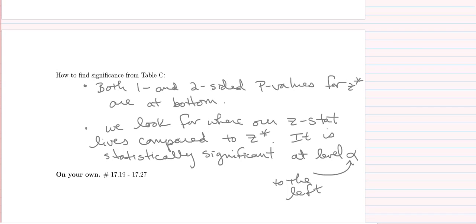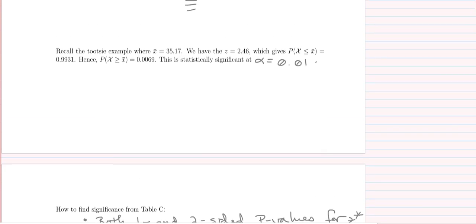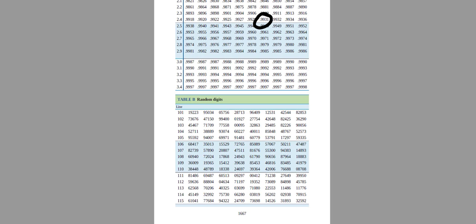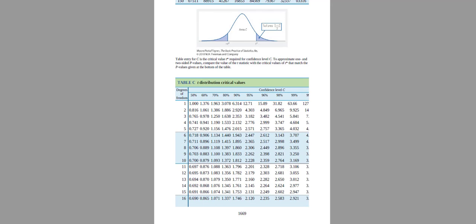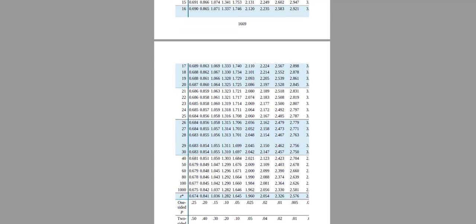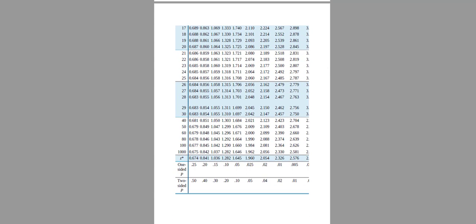Okay, so let's just go back up here. Remember, our p-value is 0.0069. Our z-score is 2.46. So let's go back to table C. Okay, so we're looking at the bottom rows. We're looking for where 2.46 lives.